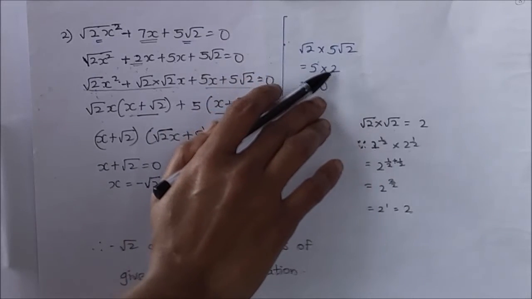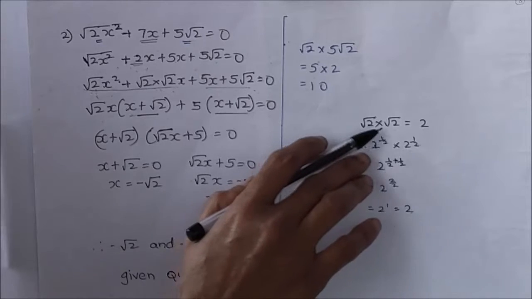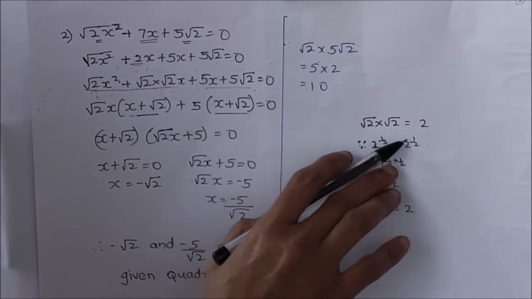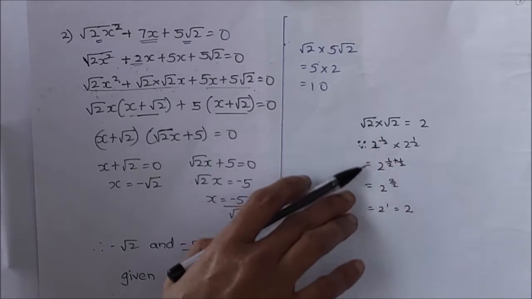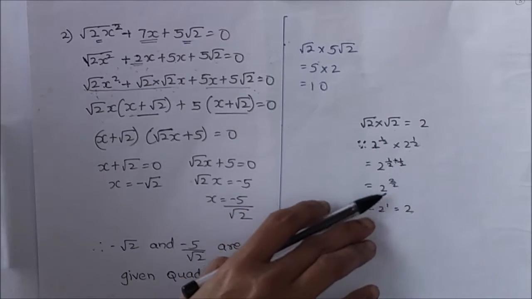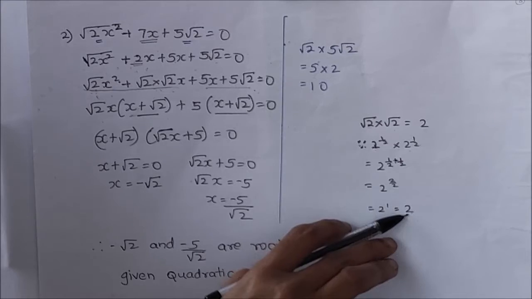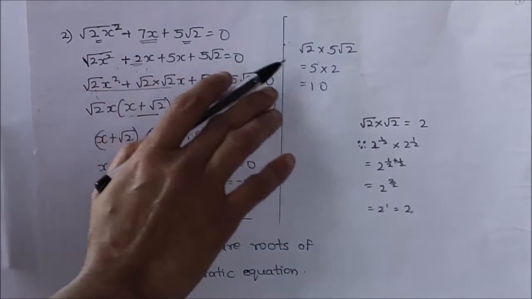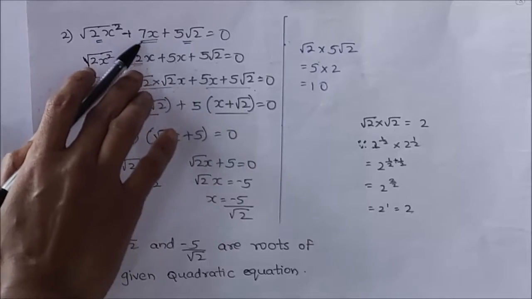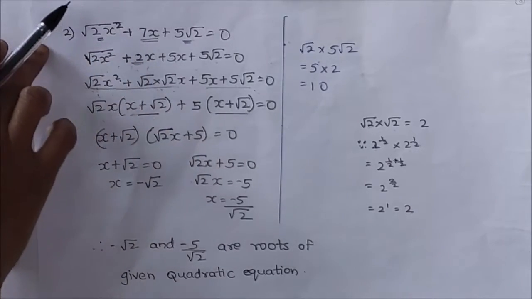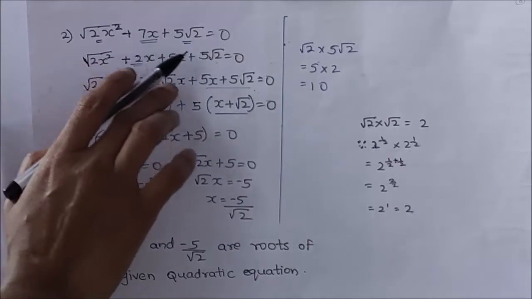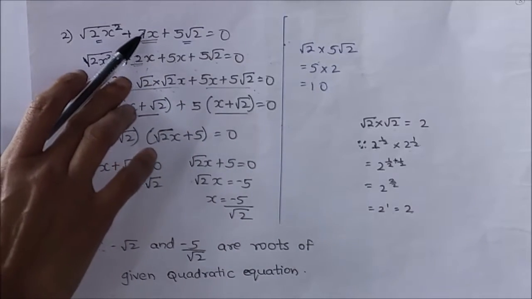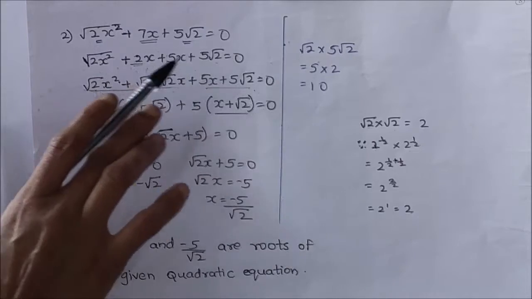Root 2 into root 2 is 2. How do we get it? 2 raised to 1 by 2 into 2 raised to 1 by 2, when we add the indices, we get 2 raised to 1, that is 2. So we got first term into third term equals 10. So we have to split the middle term 7 in such a way that the product of the two numbers is 10. 7 ones are 7, so 7 plus 1 is 8.